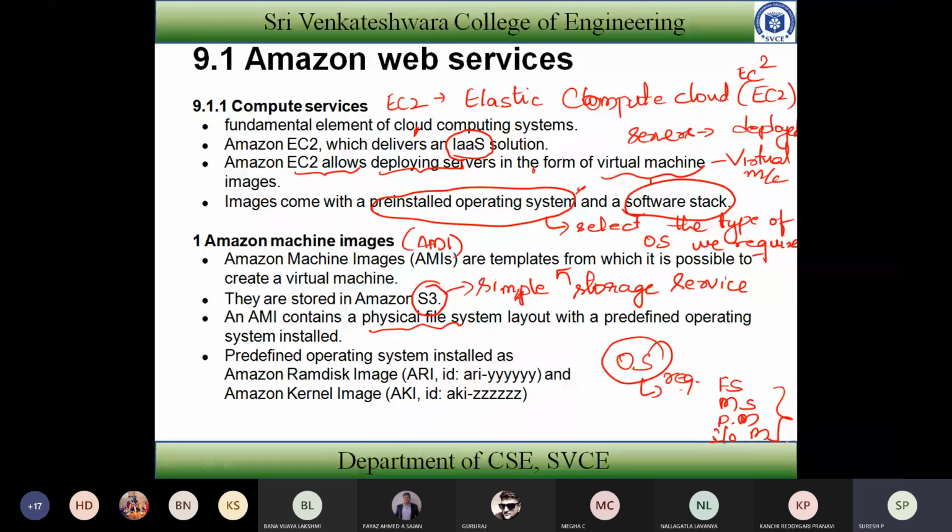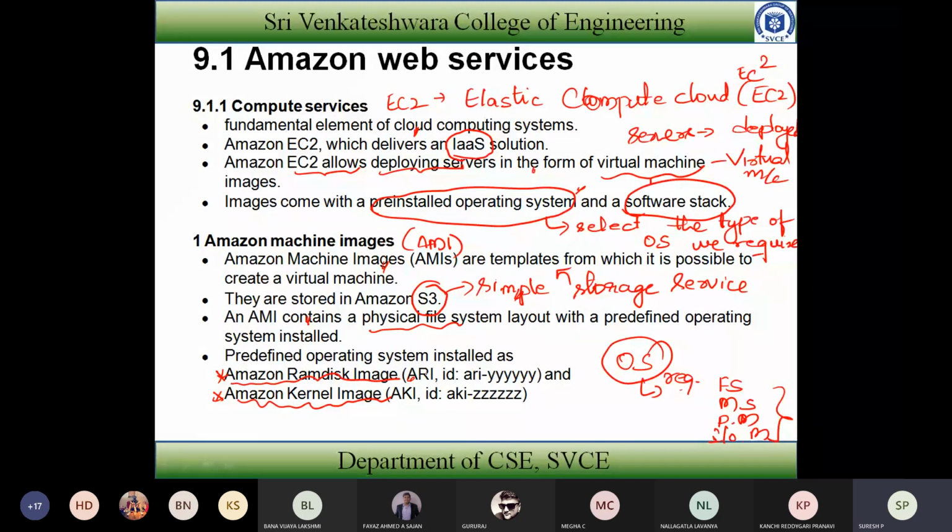That will be installed in the form of an Amazon RAM disk image, or it may be installed in the form of an Amazon kernel image. So one is installed as a RAM disk image, and the other may be installed as a kernel image. Each image you have will have an ID.